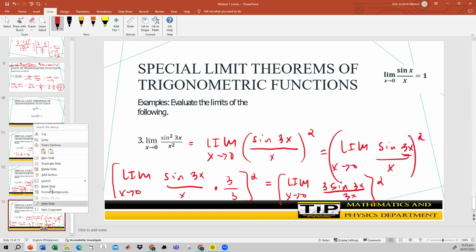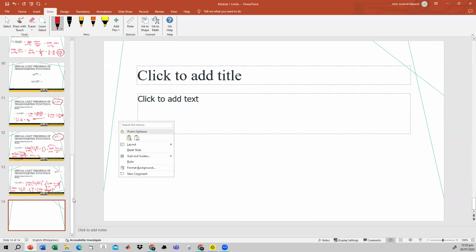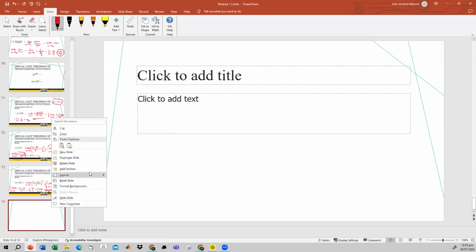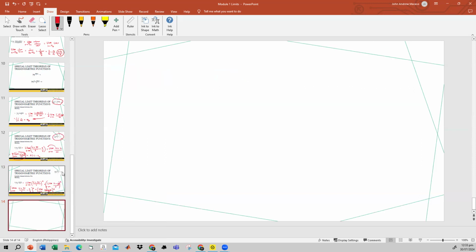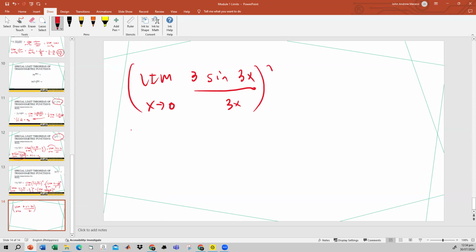Then what will be the next thing? The next thing here, class, is we have the limit of 3 sine 3x over 3x as x approaches 0, wherein this whole thing is being squared. So again, what you need to do, class, is you can square first the 3, right?